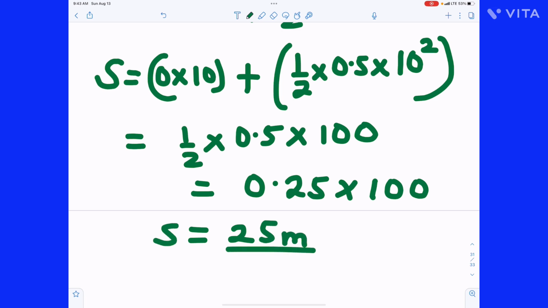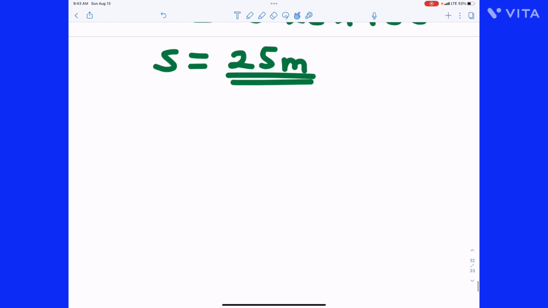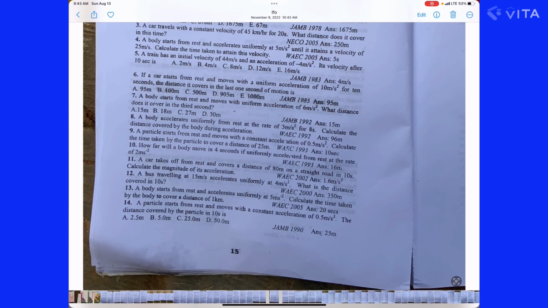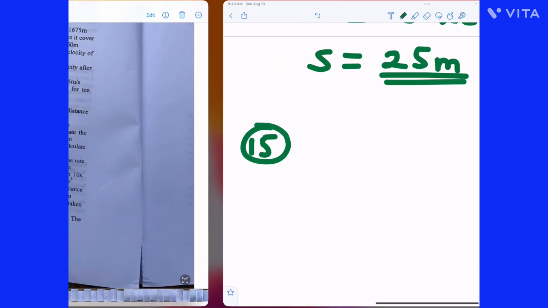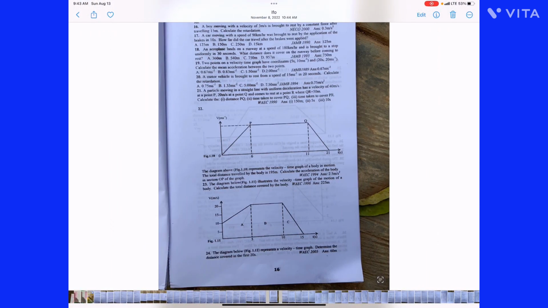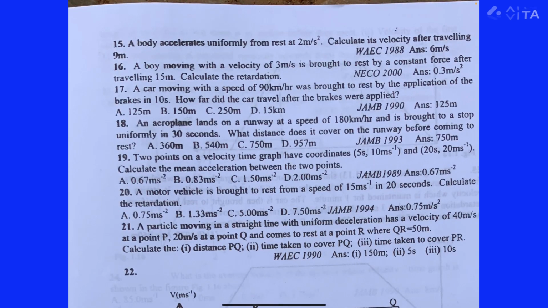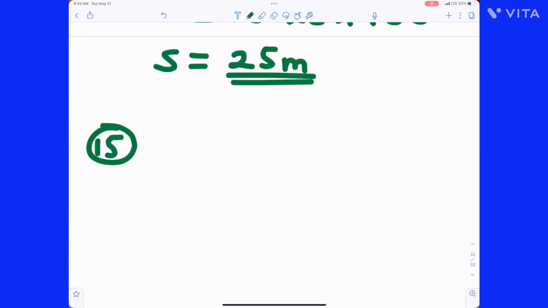The distance traveled by the body is 25 meters. Number 15. Question 15 says a body accelerates uniformly from rest at 2 meters per second squared. Calculate its velocity after traveling 9 meters.